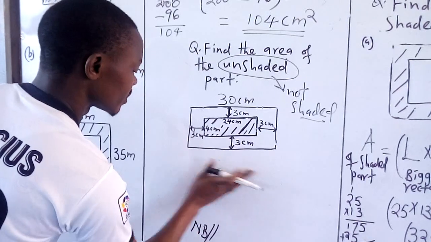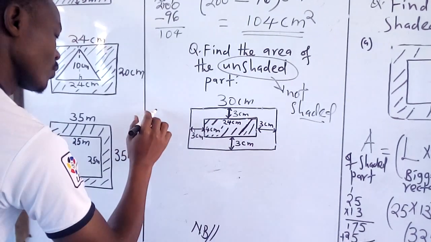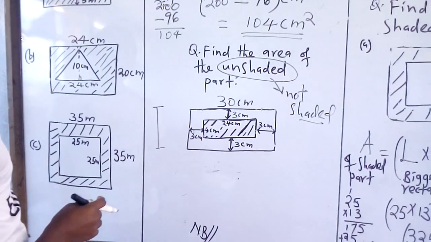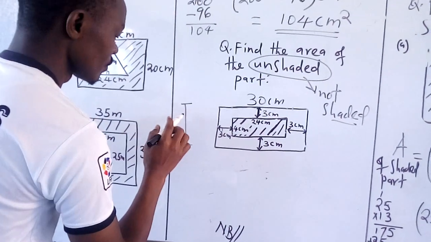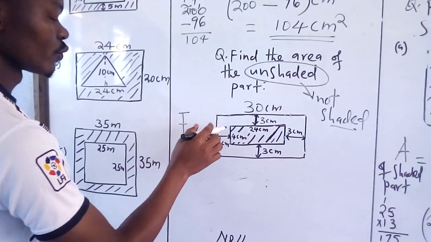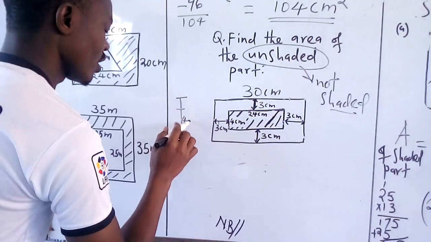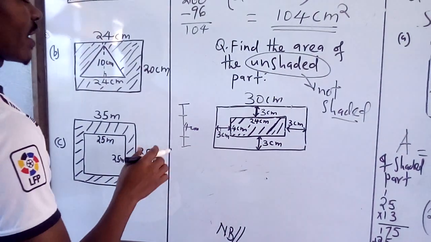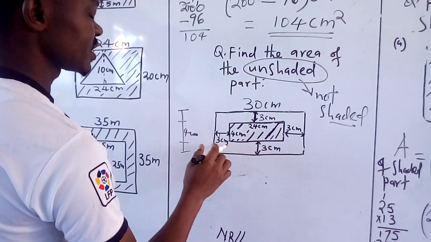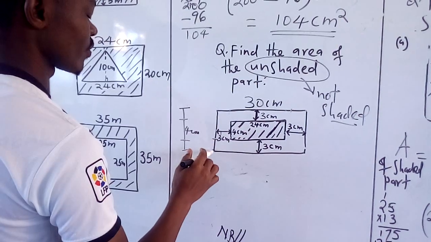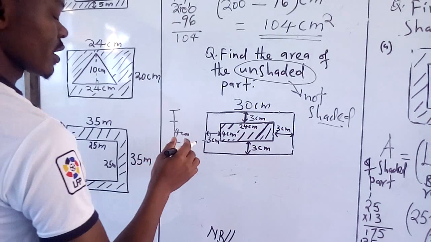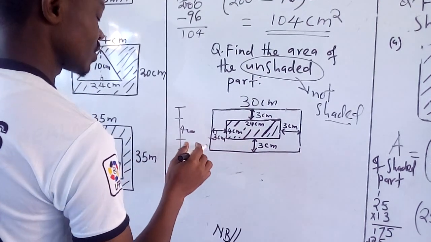Then come to the width. Assuming that this is the width of the bigger one, then here is the width of the smaller rectangle, which is 4 centimeters. And from here to here, we've been told that it is 3 centimeters, which is the same as from here to here. So this is 3, this one will also be 3.